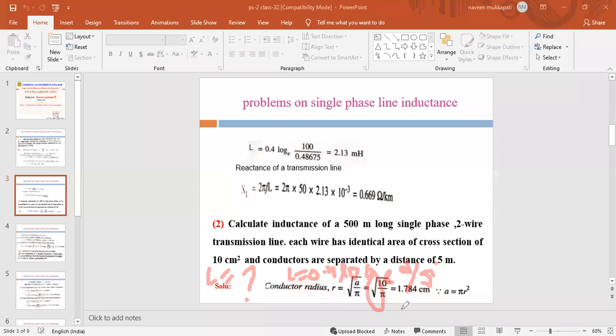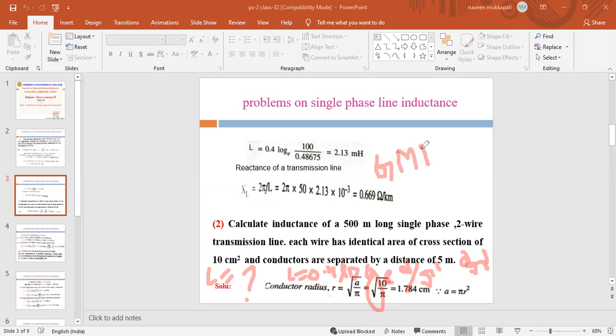In this formula we determine the D value and also the R dash value. What is meant by R dash? R dash means the GMR.